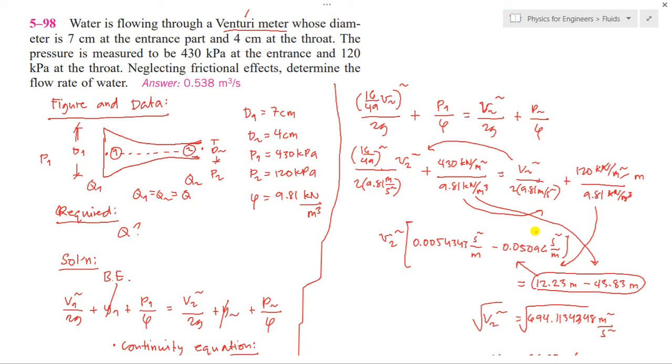So that is 0.00543. This one is 4. Then for the other term, V2, so that is 1 over 2 times 9.81, that is 0.05096.